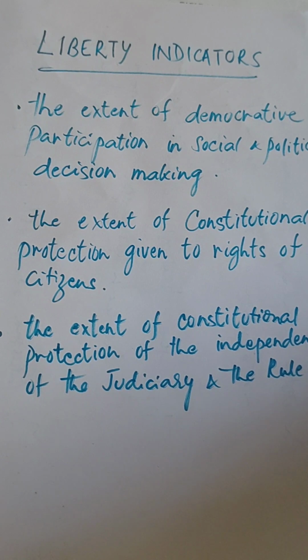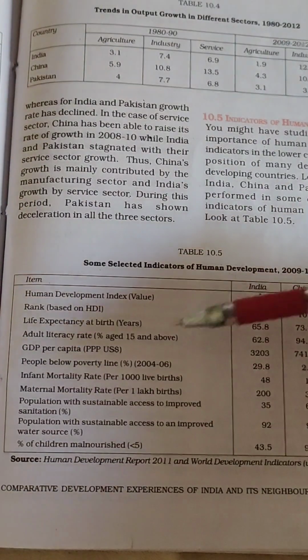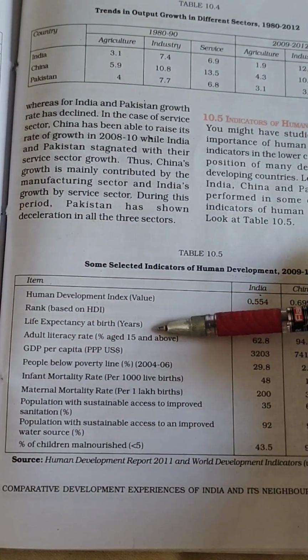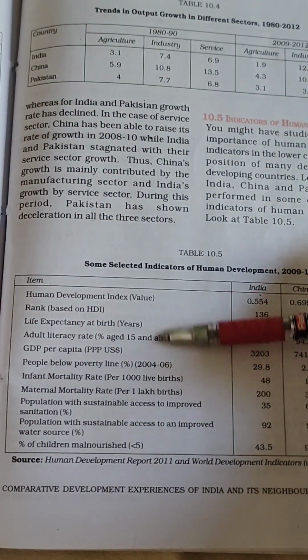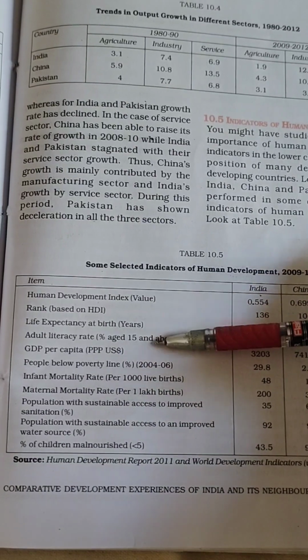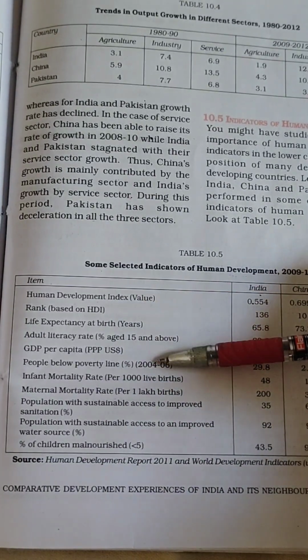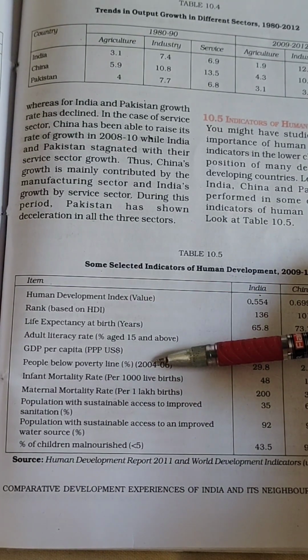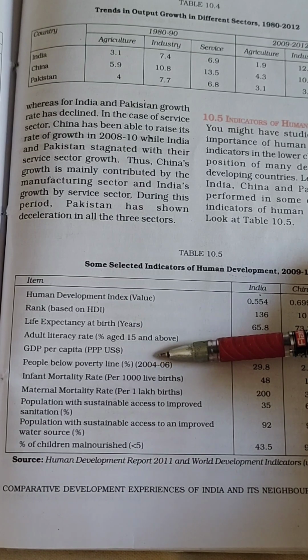Without including these, and perhaps some more, and giving them overriding importance in the list, the construction of the Human Development Index, with the selected indicators as you can see here, may be said to be incomplete and its usefulness limited.